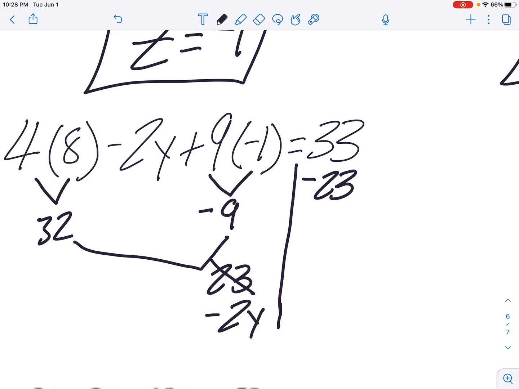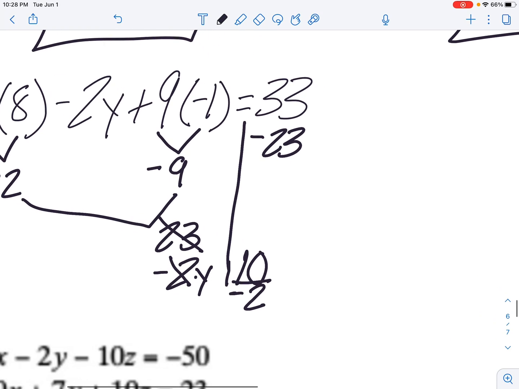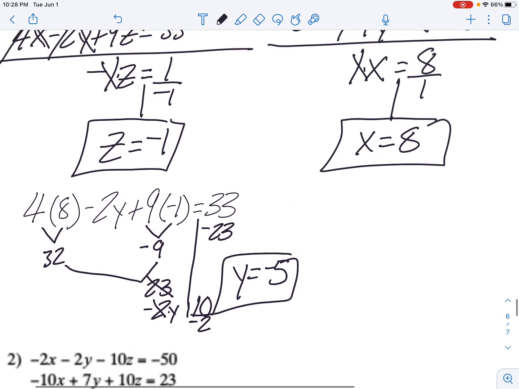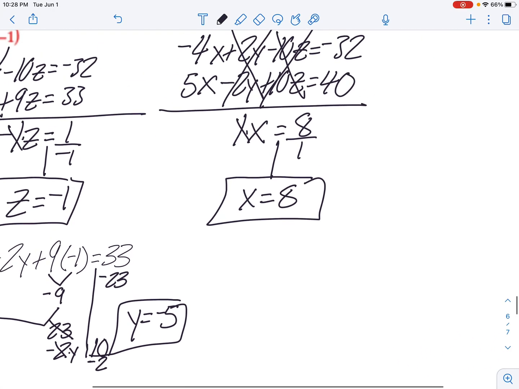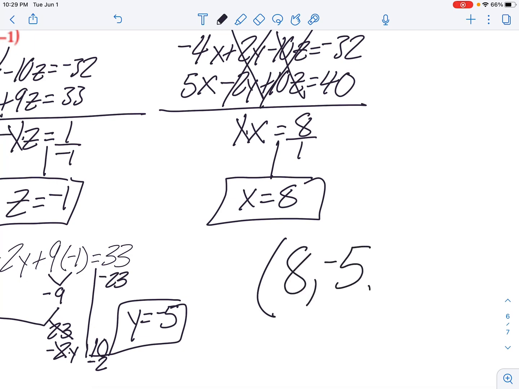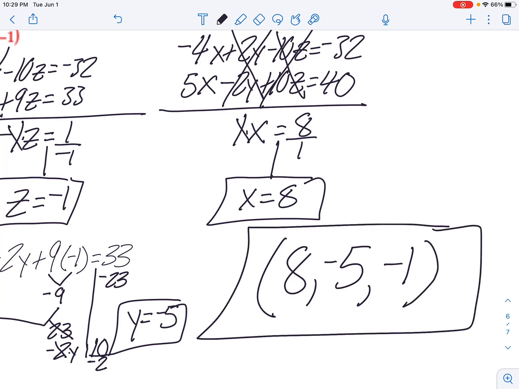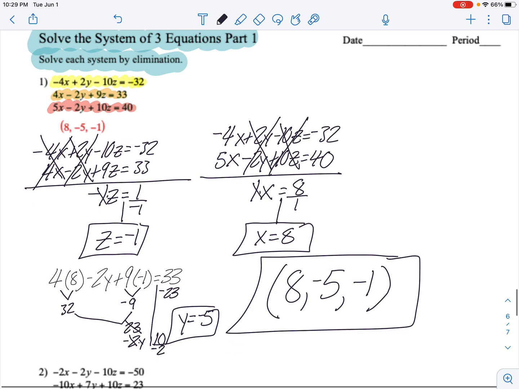So I get negative 2y. 33 minus 23 is 10. And the opposite of multiplying by negative 2 is dividing by negative 2. So y is equal to 10 divided by negative 2, which is negative 5. Look at that. So I have my x, y, and z. My x is 8, my y is negative 5, and my z is negative 1. And that right there is my final solution for number 1.